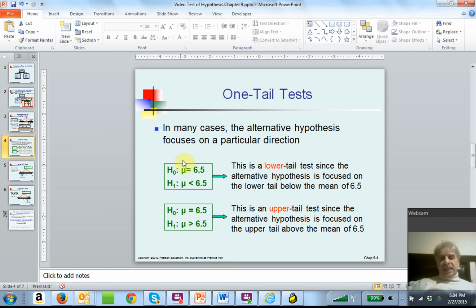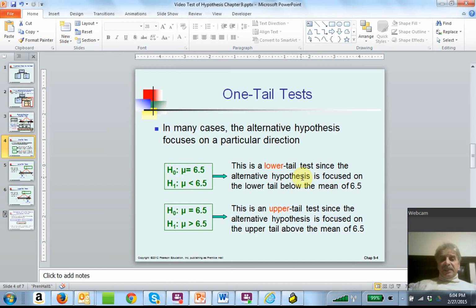In this case, I say mean equal to 6.5, a particular value, and then I read the problem. If the problem says that, based on the information we have, we think that the mean of the population is less than, then right away I know my alternative is going to be less than, and it's going to be a lower tail, left tail case.